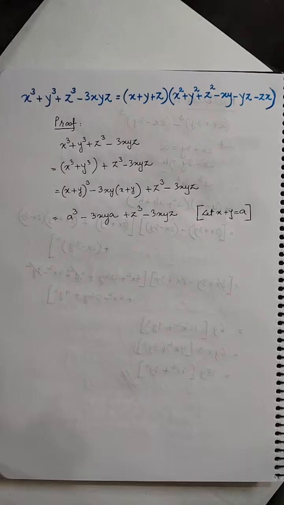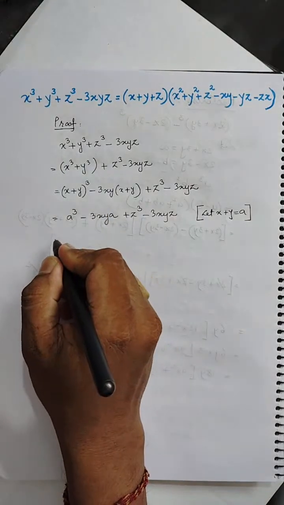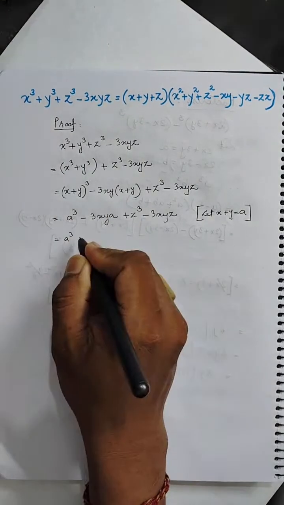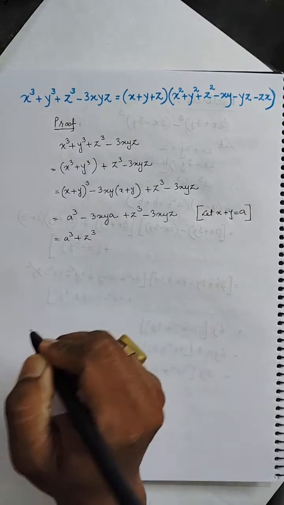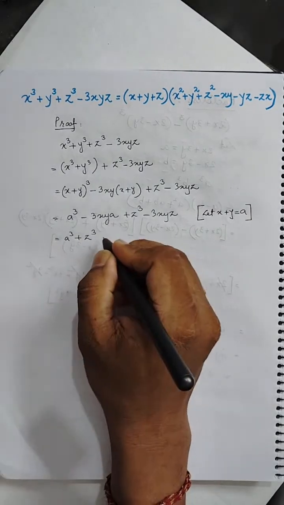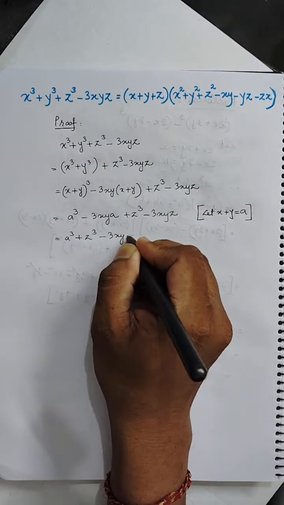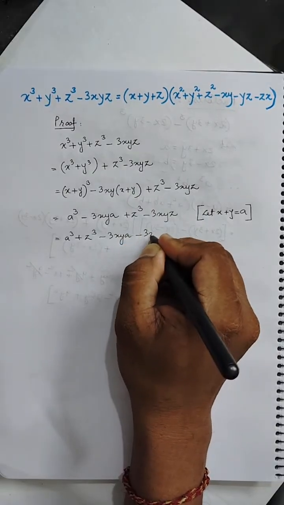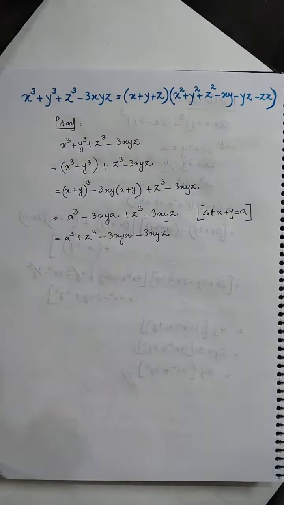Fine. So we'll just rearrange them. I will write a cube and z cube, then minus 3xya and minus 3xyz.